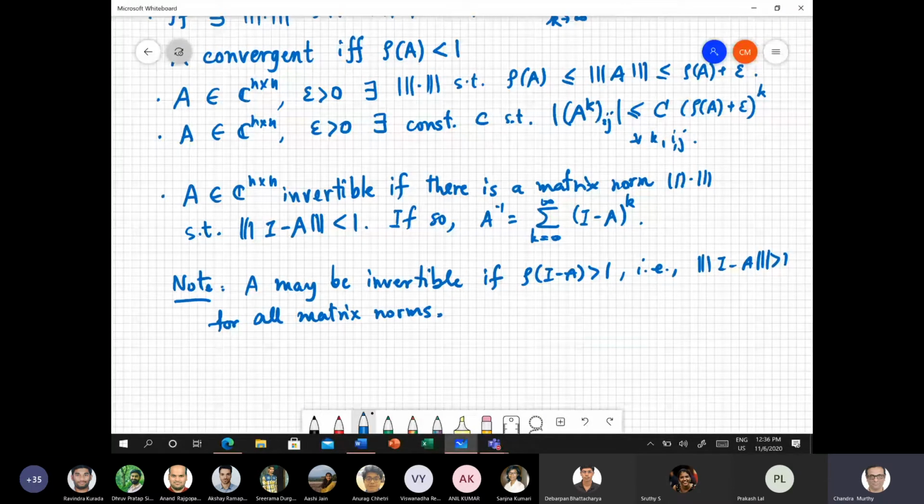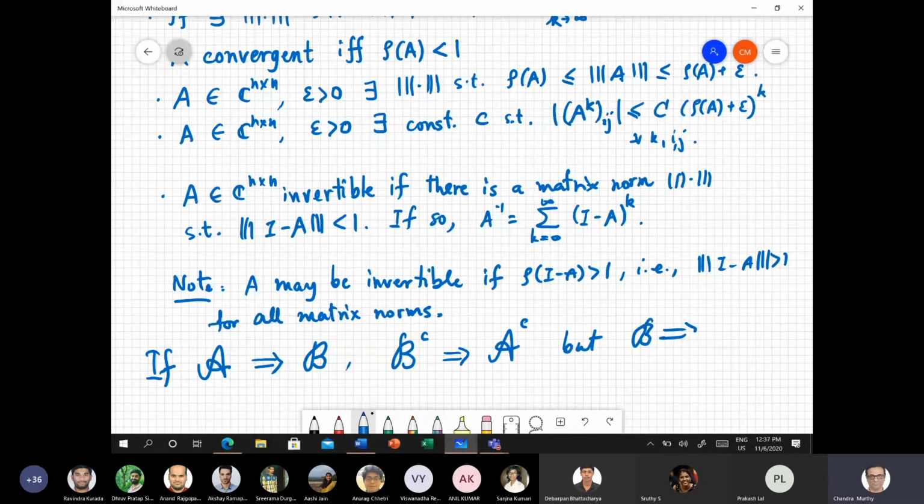So basic logic says that if you have a statement A, and if we say A implies B, then not B, which I'll write as B complement, implies A complement, but B does not imply A. Okay, these are the basic rules of logic.